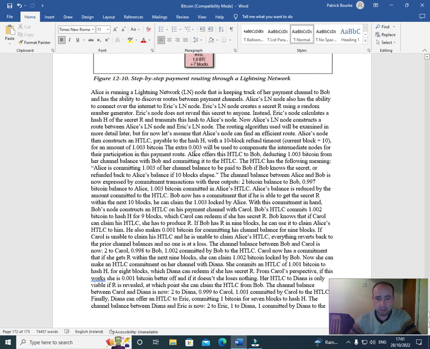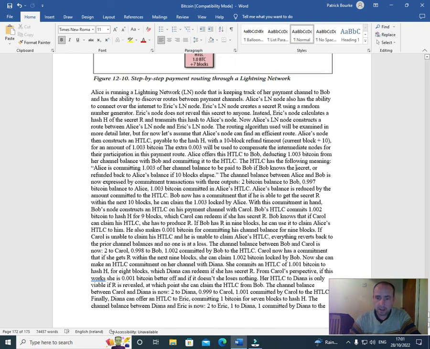The extra 0.003 will be used to compensate the intermediate nodes for their participation in this payment route. Alice offers this HTLC to Bob, deducting 1.003 Bitcoin from her channel balance with Bob and committing it to the HTLC.